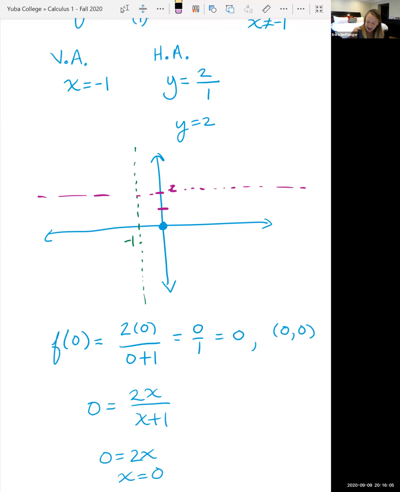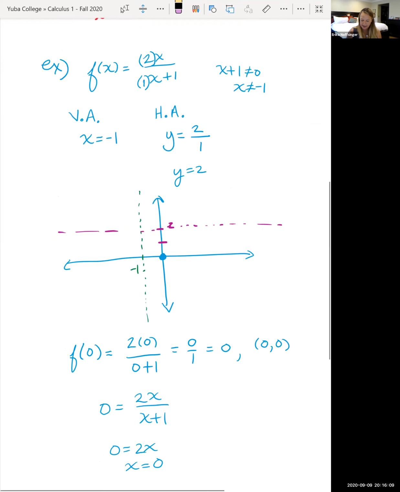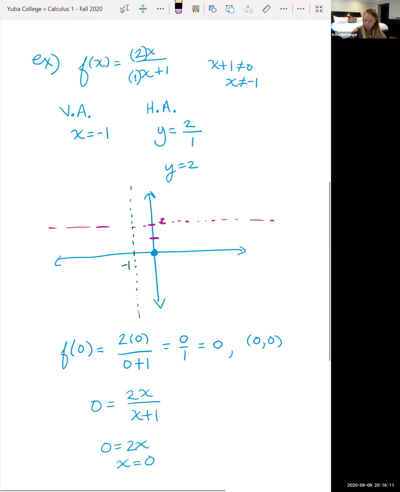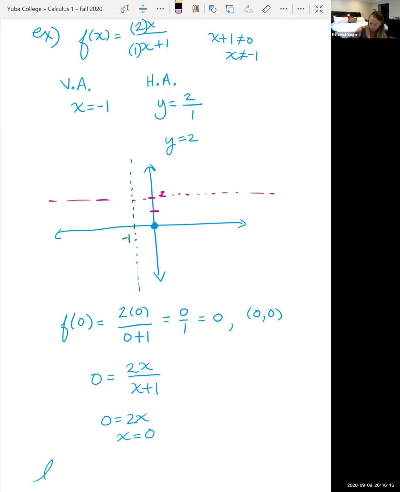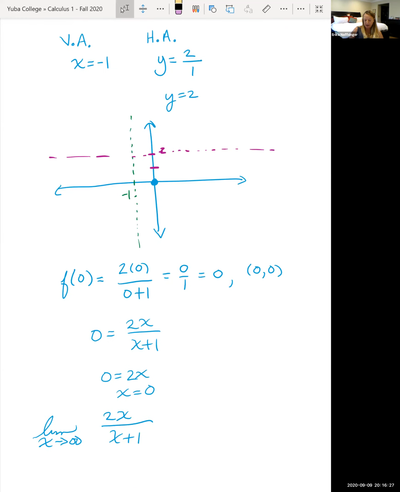I know that it has to be hugging something, and we can look at that. Let's look at the limit as x is going to positive infinity. I'm going to give you some tools here to help us. If we were looking at the limit as x is going to positive infinity, notice that we're going to have 2 times infinity.